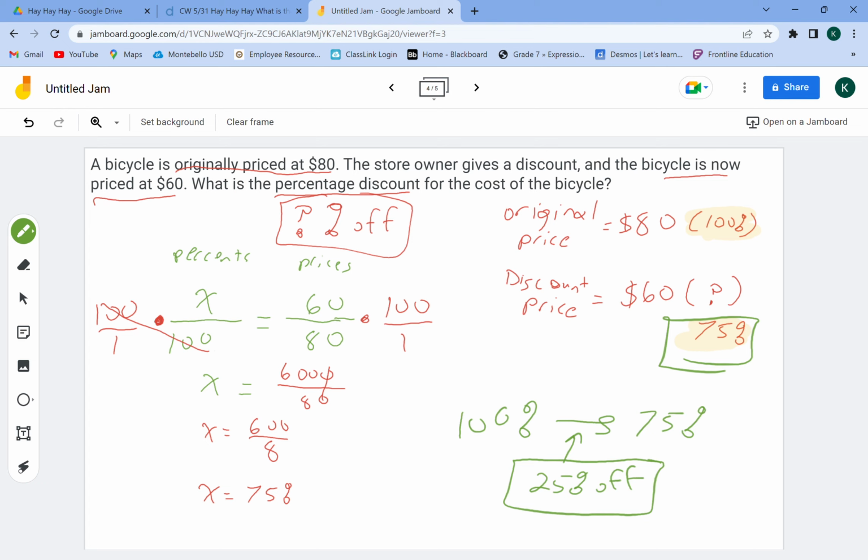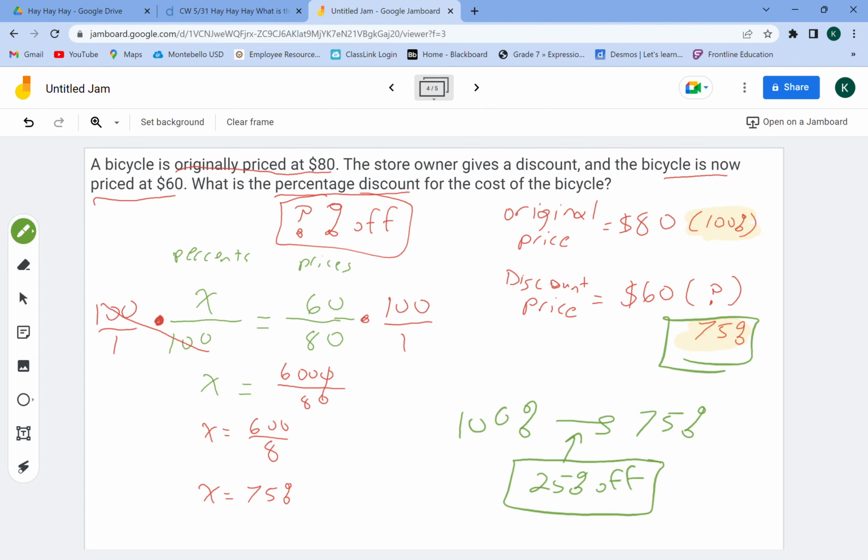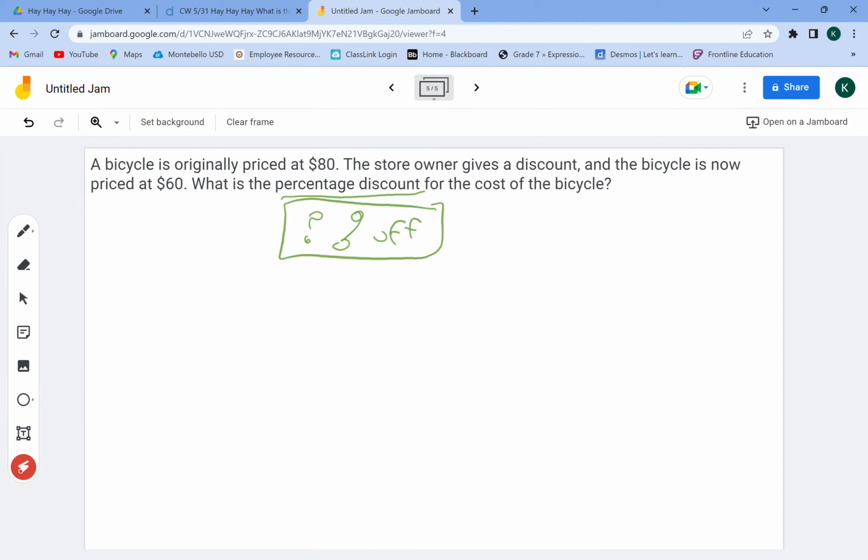Another way you could think of it, let's say you had this one here, and again, we do not know what percent off it is. Notice on the original one, the first method, I focused on the discounted price. But the thing is, I still have the original.